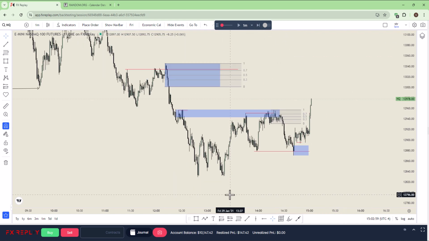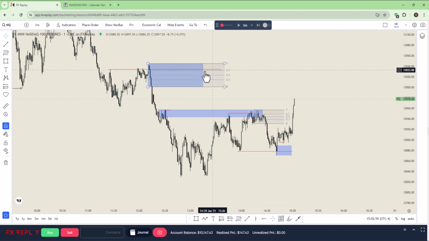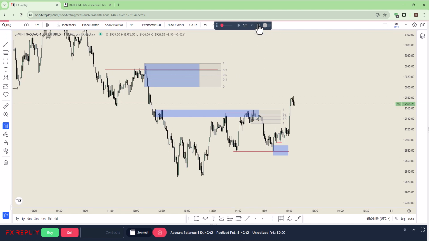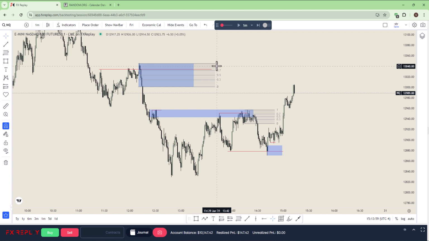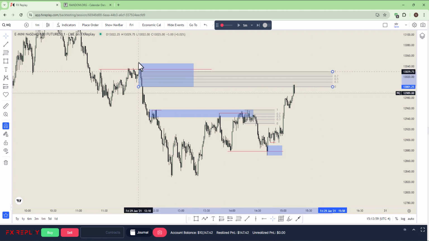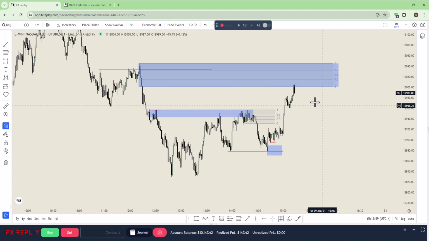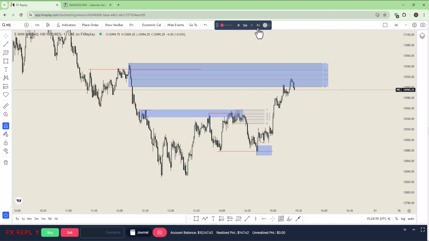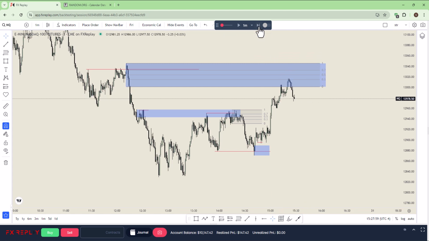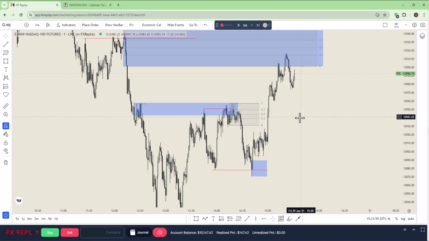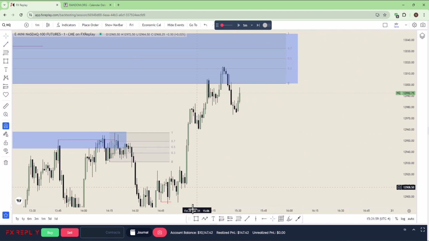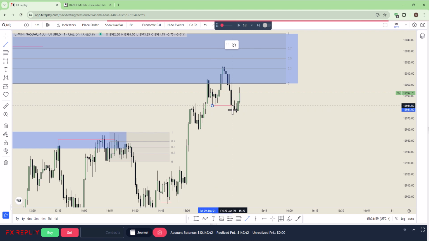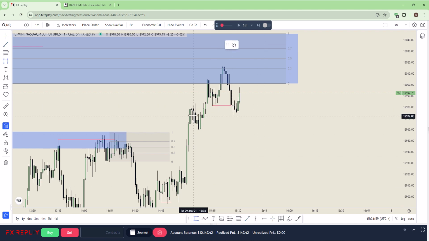So let's continue. We might get an entry or a setup inside this zone right here. Let's see. This is the previous CSS. Rejecting from the 30% of it, right? Looks like we have something right here to work with. This is not a sweep on the 1 minute. We have a zone.